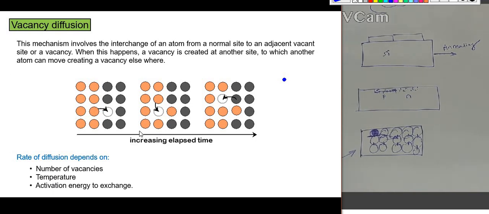If you provide very high temperature, the rate of diffusion can be increased. The activation energy is the energy required to break the bond and move from one lattice point to another, so it is also an important factor affecting the rate of diffusion. That is the first mechanism of diffusion.